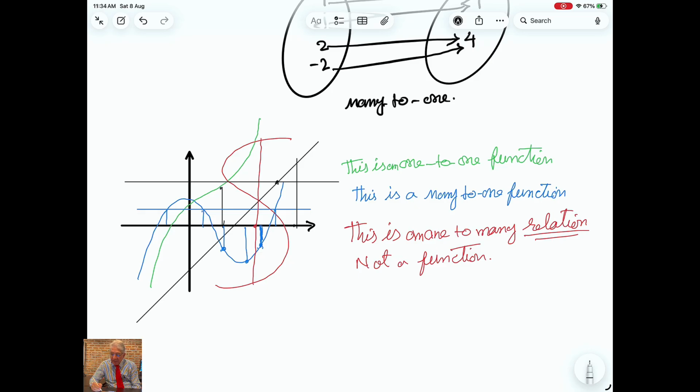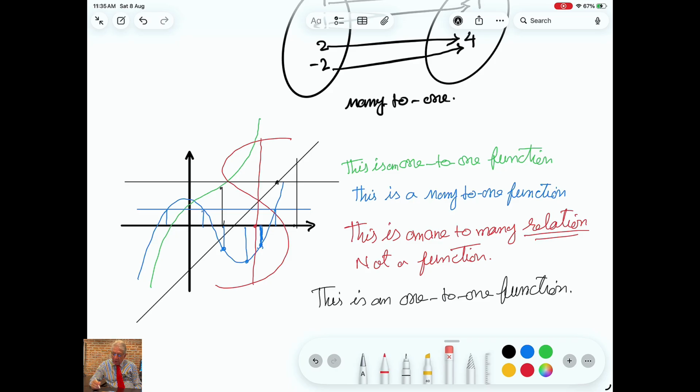Therefore, this is a one-to-one function. So, you understood what the graph of a one-to-one function is, how it looks.